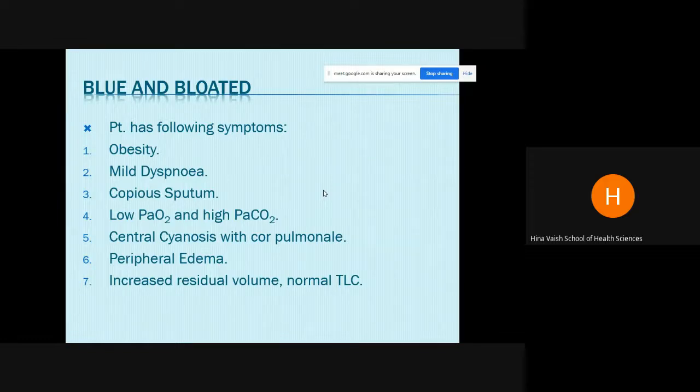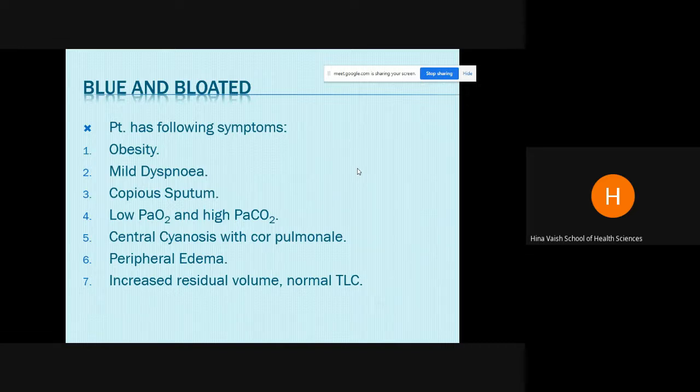If you find the person is a blue bloater, then these patients may have mild dyspnea, they will have a lot of sputum, oxygen content is decreased, and that is one of the reasons why they appear blue. Bluish is the cyanosis. You will see the cyanosis changes in this. So central cyanosis will be there, so the lips will be bluish in coloration, the tongue will be bluish in coloration.